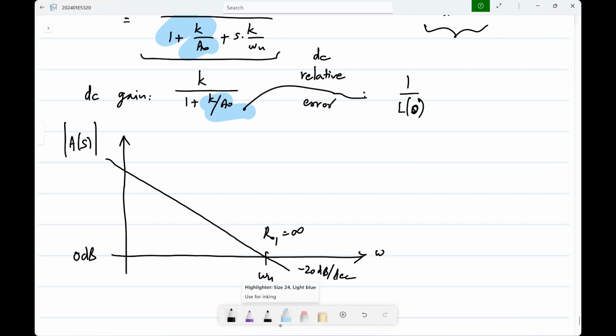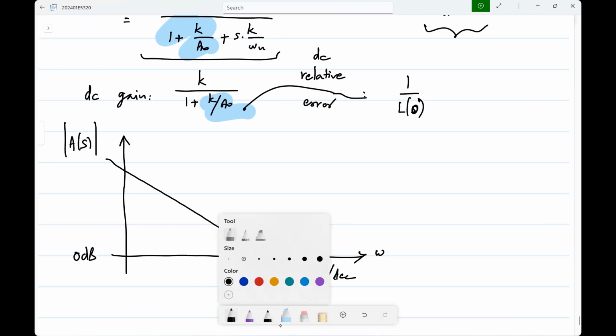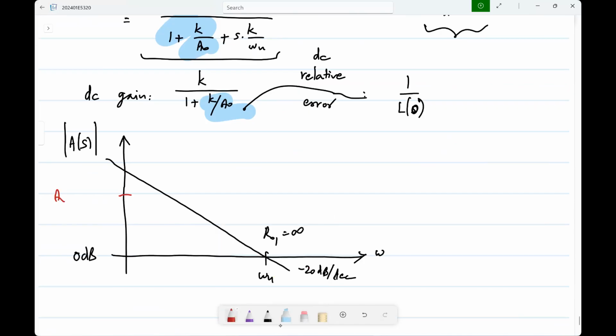For finite RO1, what will you have? Let's say you have exactly the same GM1 and C1, but you just add RO1. What will change here? Starts with a DC gain of some other DC gain. Okay, this is A naught, which is GM1 RO1.